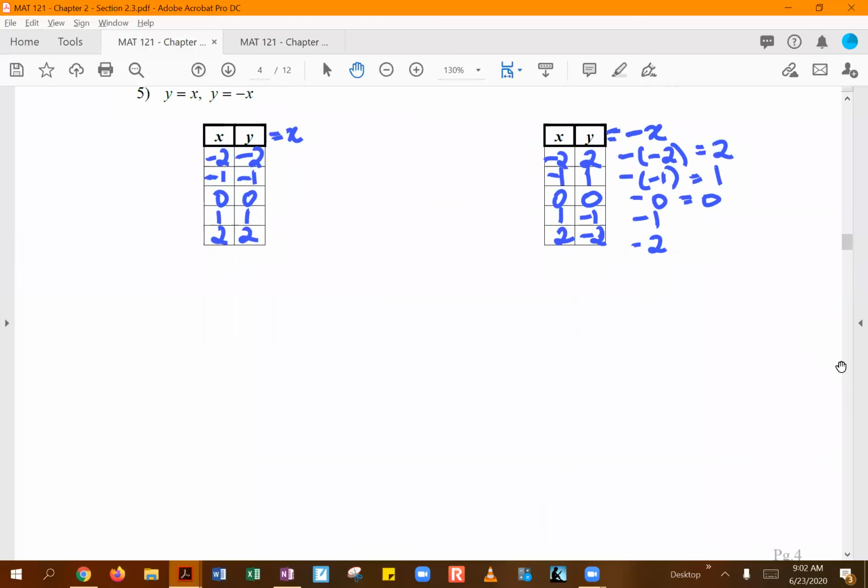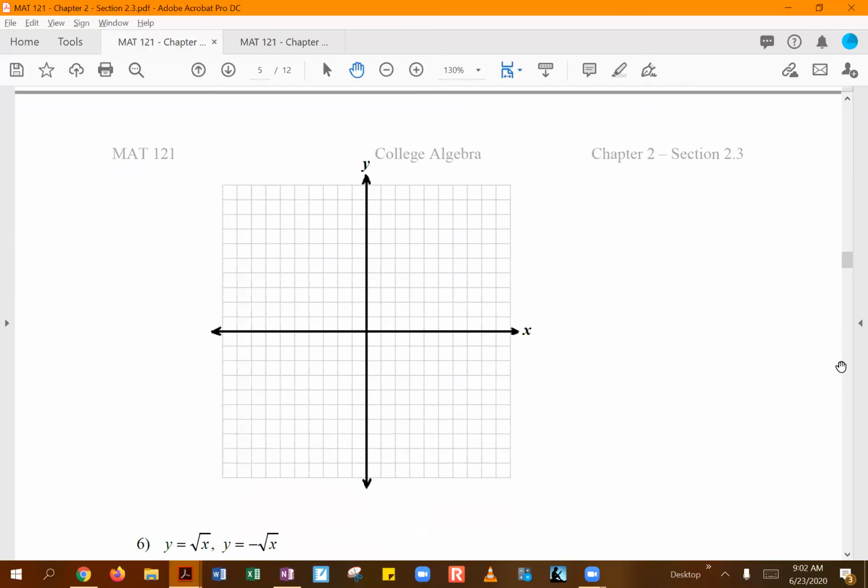So when you graph this, the original function, we've got 0, 0, 1, 1, 2, 2, then negative 1, negative 1, negative 2, negative 2. So this is basically your identity function, which ends up looking like this. Okay, so this is our y equals x function.